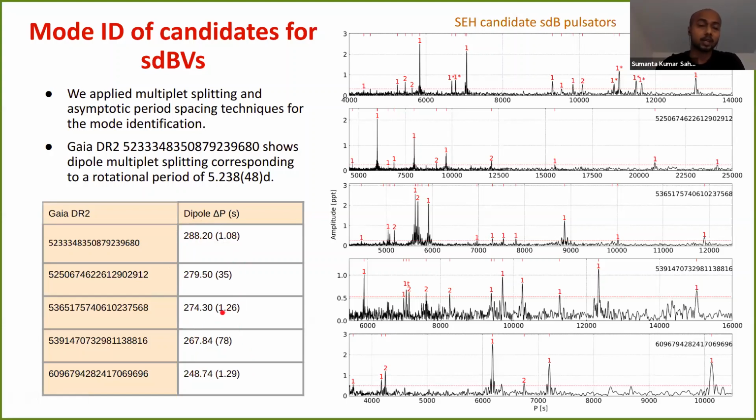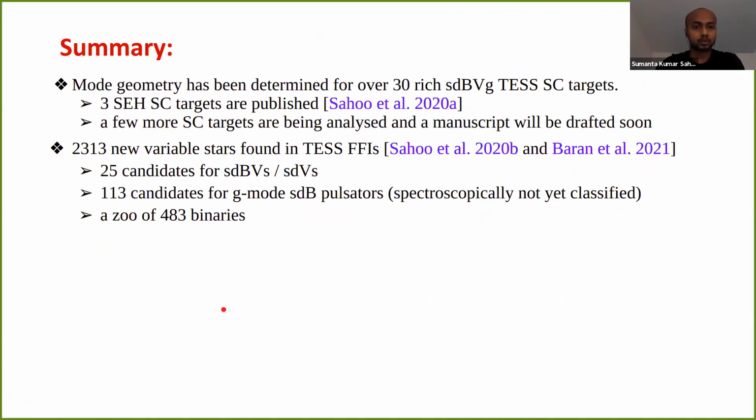So coming to the summary of my talk, we have analyzed more than 30 G-mode HDBVs from the short cadence data, and 3 of them are already published. For a few more the analysis is still going on, and we are planning a manuscript.